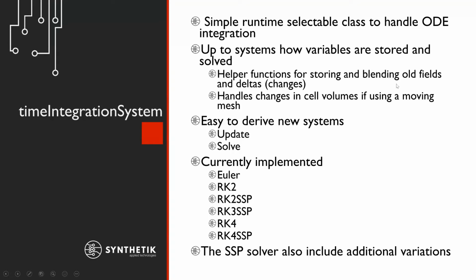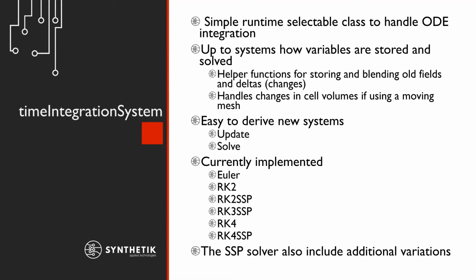And basically, that's all determined by the specific ODE which you choose. The ODE systems determine what your changes are due to certain variables and how they change. So to derive new systems, you need an update and a solve function. Update is anything that needs to be done before anything is solved, so it has to be done using the old state.